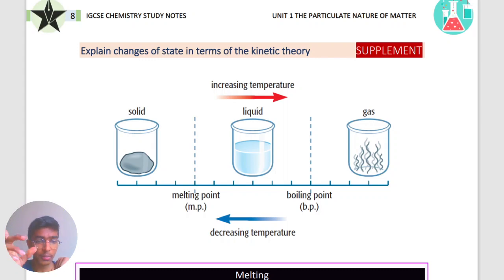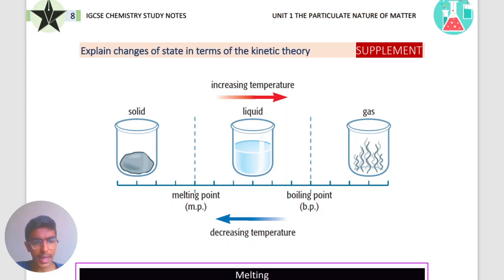Kinetic theory, again, I'm going to repeat, and I'm repeating this so many times so that you understand what kinetic theory means, because it's a very common question and a very common topic that is tested. Kinetic theory is when I introduce heat to something, the particles will gain kinetic energy, and the kinetic energy will result in more collisions, because remember, everything has matter and therefore everything has particles.